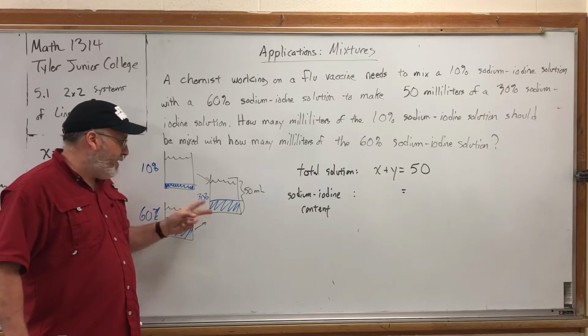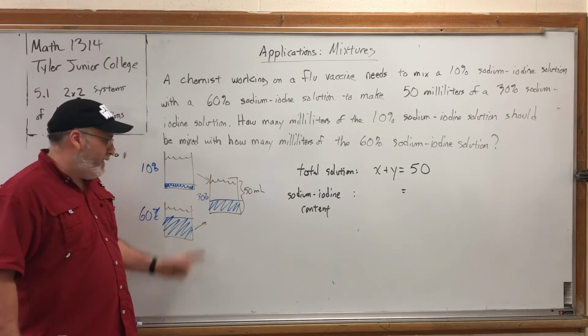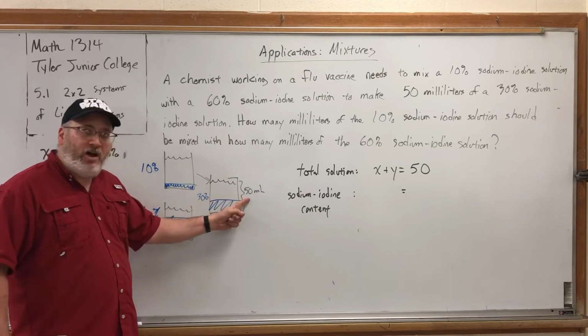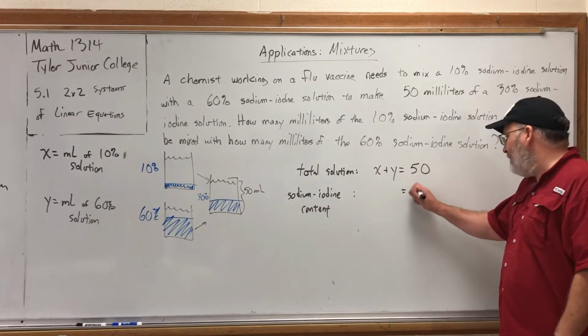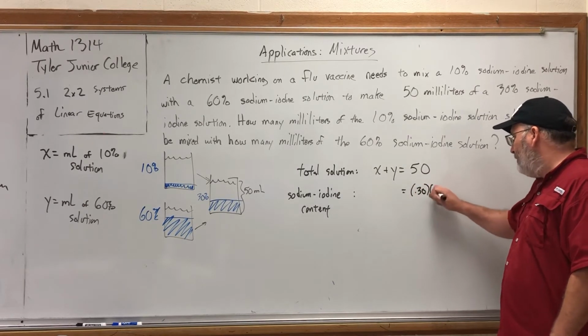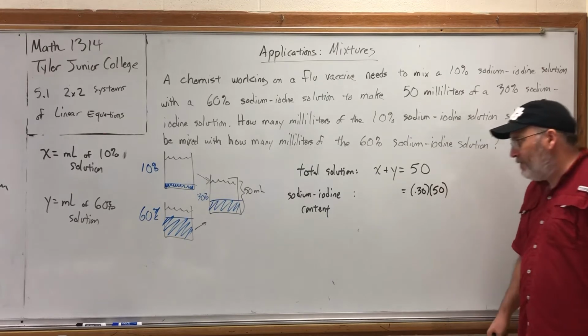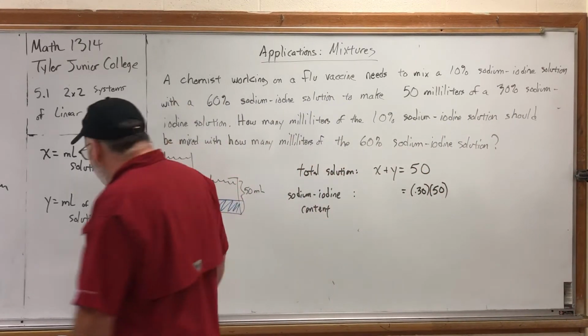So if we wanted to calculate how much sodium iodine was in the final product, it would just be 30% of 50. We could calculate 30% of 50 by turning the percent to a decimal, 0.30, and multiplying it by 50. That's the sodium iodine content that we want.